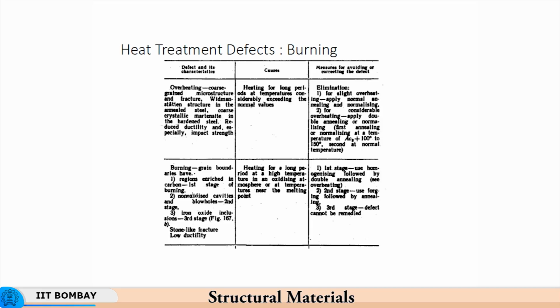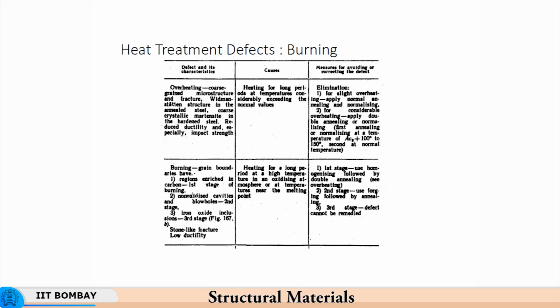Second stage is for the second stage where you have non-oxidized cavities, blowholes, etc. You can do forging, because you have cavities there which are not oxidized. If they are oxidized, forging will not help. So you have cavities which do not contain oxygen inside it, they are just cavities with nothing inside.